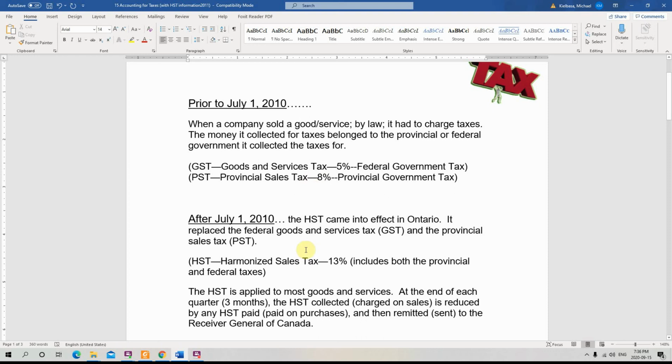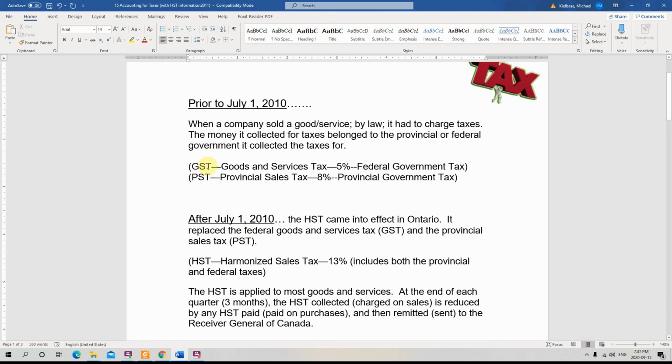Prior to 2010, you were collecting money for the federal government and also for the provincial government, because you had to charge sales tax. After 2010, you are collecting a total of 13%, and you have to send it to the federal government, and then the federal government will send it to the provinces.